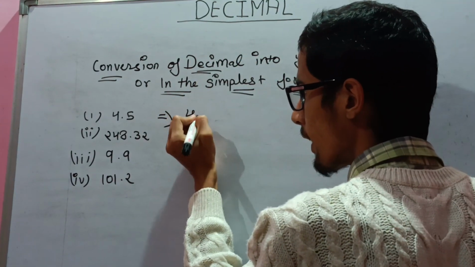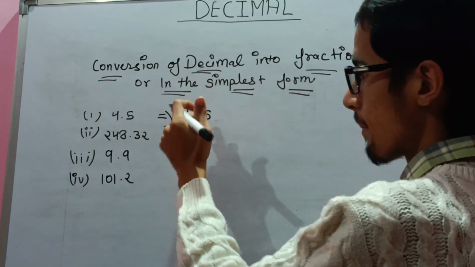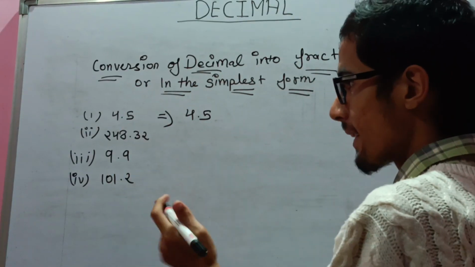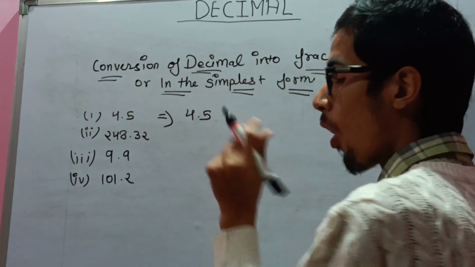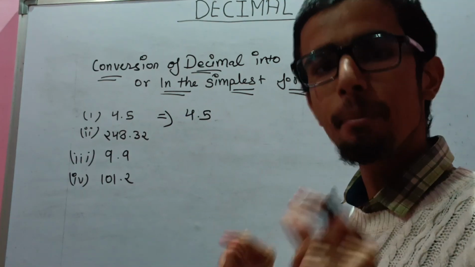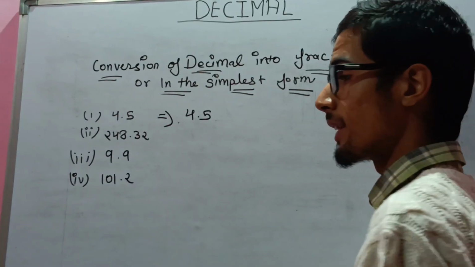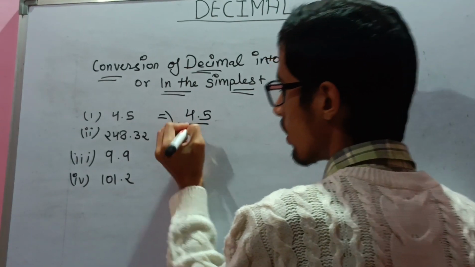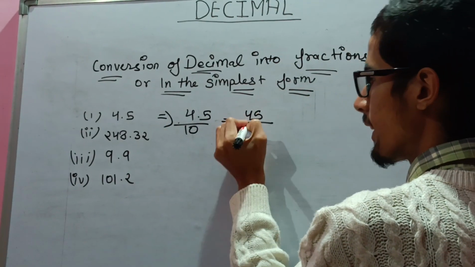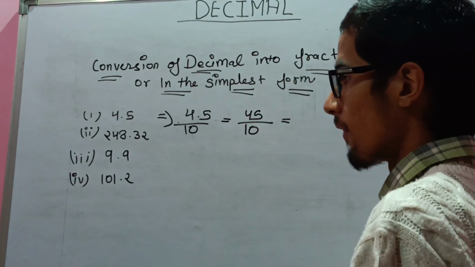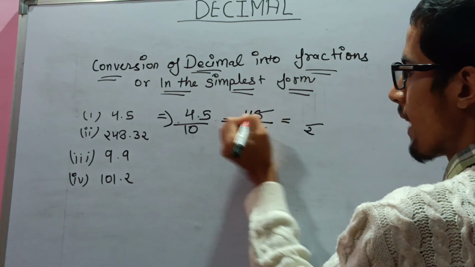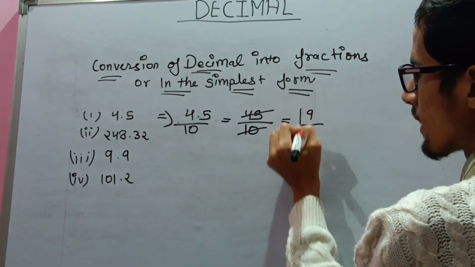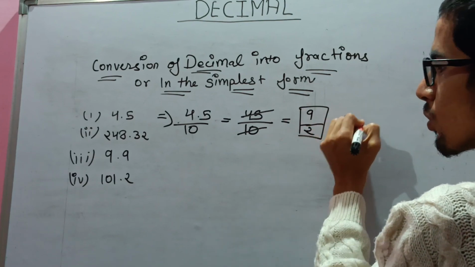The method is counting from the ones, 1, 10. Always count the decimal part. So 10 comes in the denominator, and this is 45 upon 10. If we cut this by 5, 5 2s are 10, 5 9s are 45. So the answer is 9 upon 2.